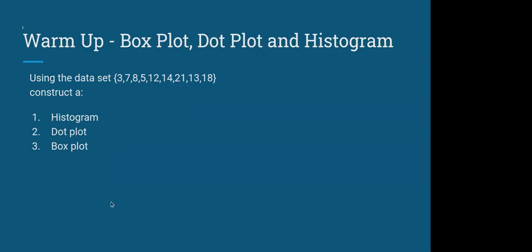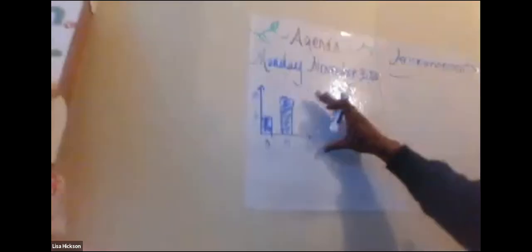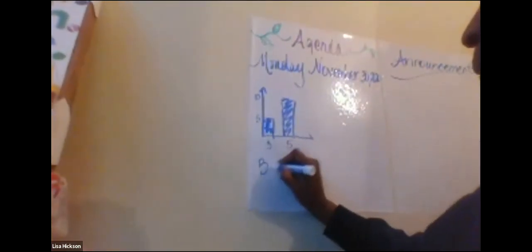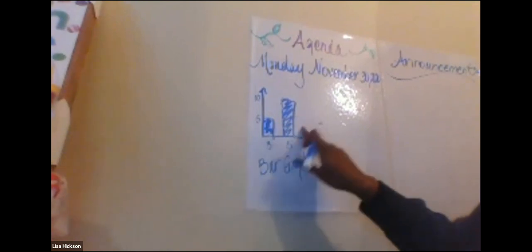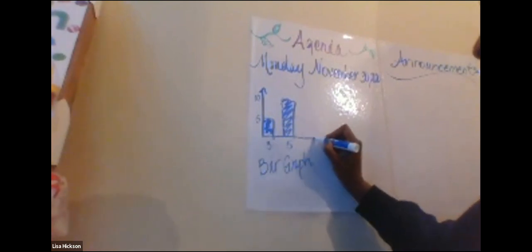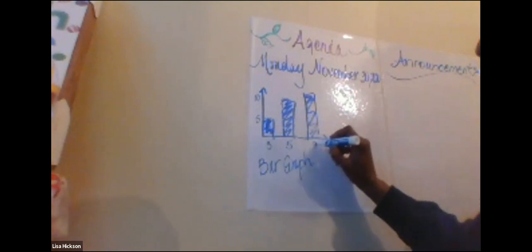All right, so I'm going to stop sharing for a minute. All right, so this will be the bar graph, right? Again, spaces in between. And let's say, I don't know, this is 7, right?